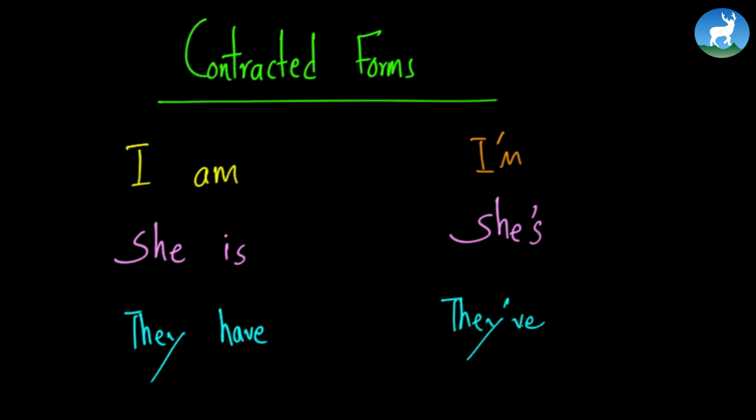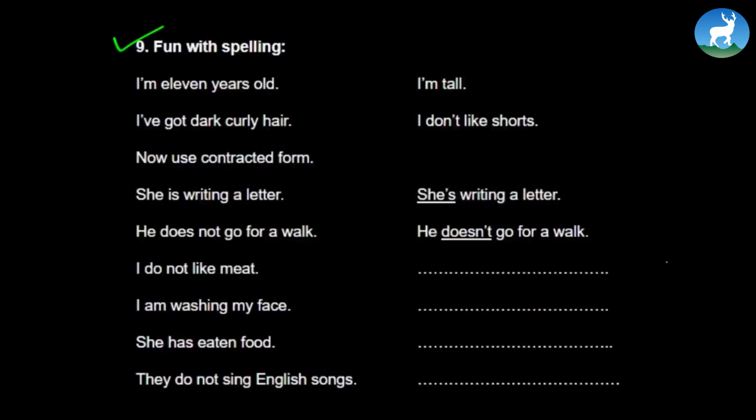English is not spoken the way it is written. That means English has a lot of contractions and reduced forms, and because of that, spoken English seems to be different from written English. Know what I mean? Okay, let's go to the exercise portion now.